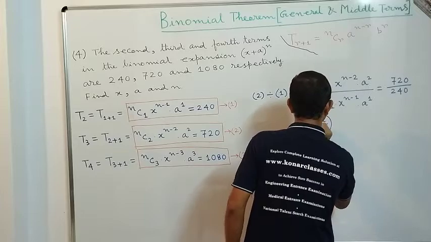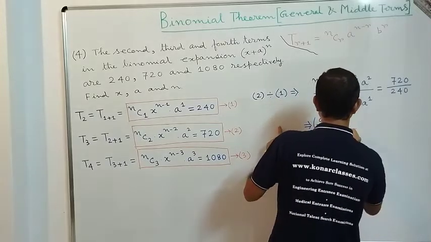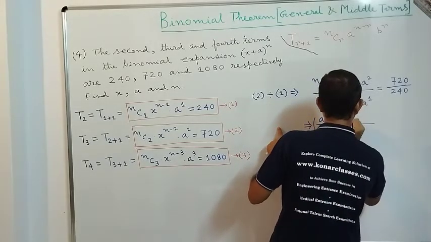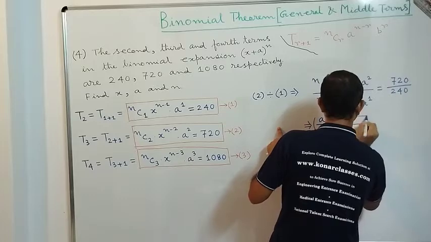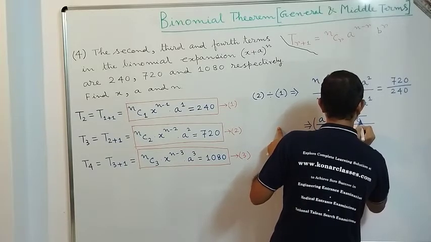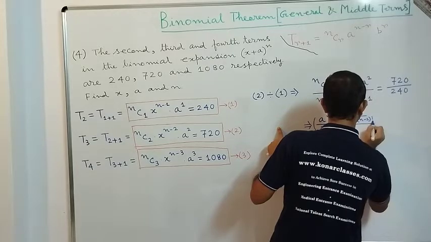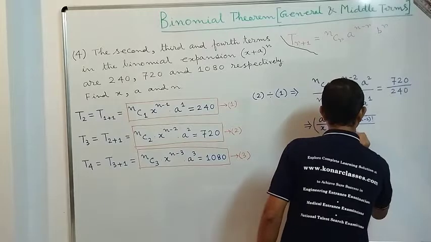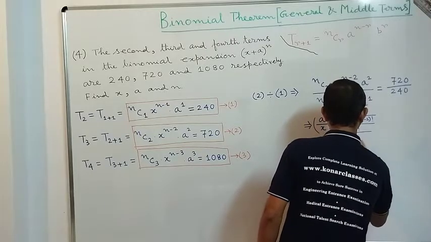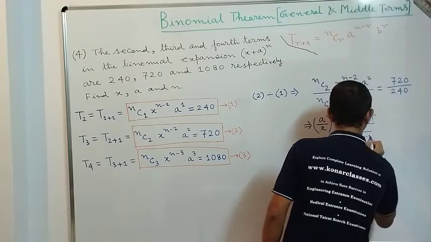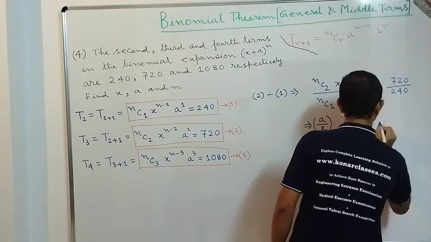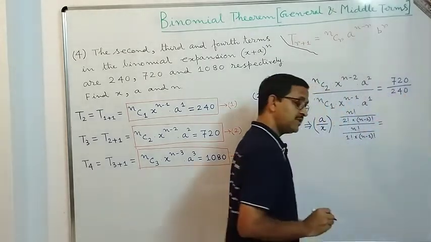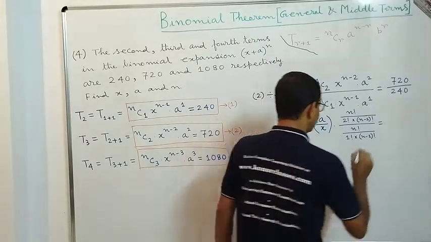So we get a by x into nC2, and what is nC2, dear students? nC2 is factorial n divided by factorial 2 into factorial n minus 2. Correct? And what is nC1? That is equal to factorial n divided by factorial 1 into factorial n minus 1. Correct, no, dear students? So that is equal to 720 by 240, that is equal to 3.